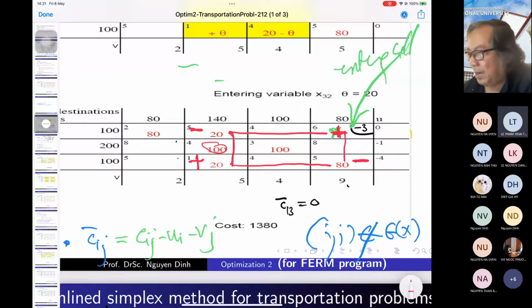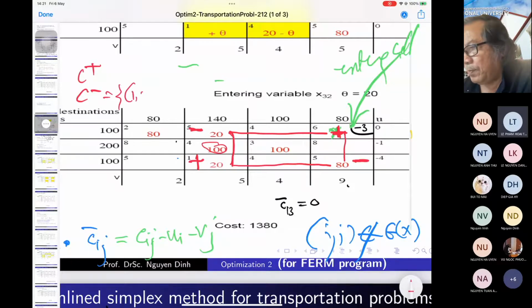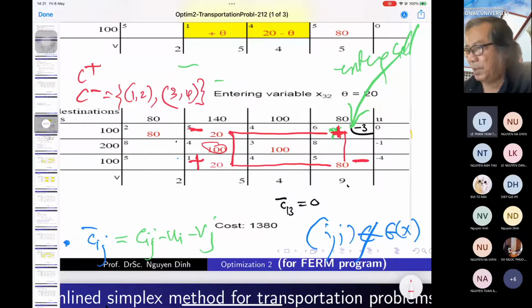And so we have C plus and C minus. C minus includes the cells 1 2 and 3 4, and C plus includes the cells with the plus sign.